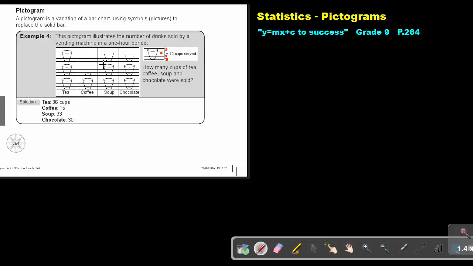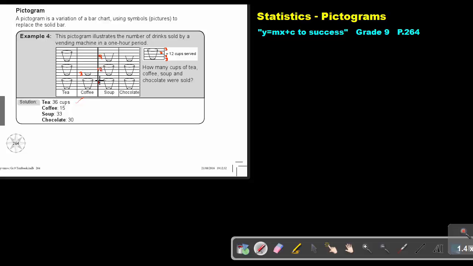Now, if I look at this, I see 1, 2, 3 full cups. So 3 times 12 will be 36. But remember, one line is just 3, so it's 12 plus 3, and that will be 15. Then this one is 3/4, so this is 9.